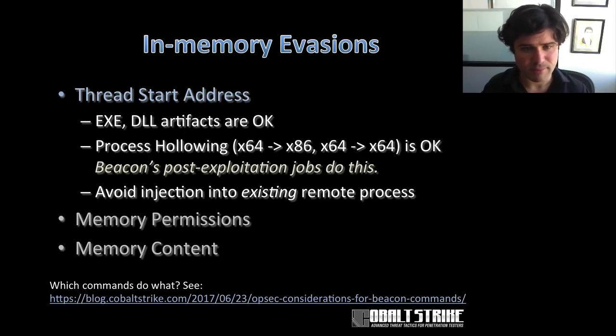That will get picked up. So for dealing with the thread start address in your operations, certainly use a beacon that is the same architecture as the target you're operating from, and avoid injecting into an existing remote process. Temporary processes are okay.